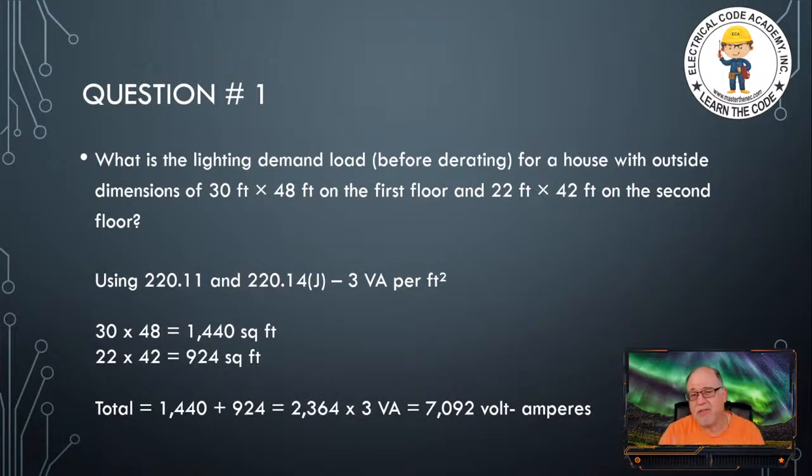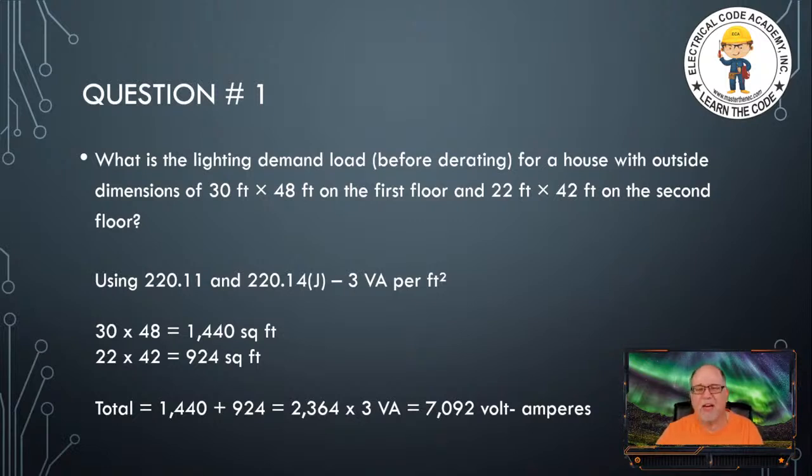And this is obviously trying to calculate out the general lighting, which also, by the way, includes the general use receptacles. That's the receptacles that are in your bedroom, in the living room, basement, things like that. Those are called general use. So if you look at 220.14(J), that's now where you're going to get the rules to be 3 VA per square foot. Okay, so that's what's going to be there.